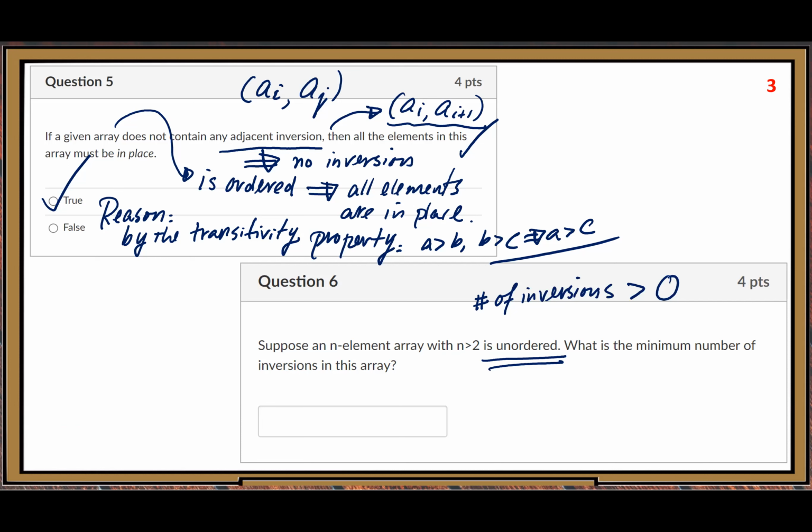So your answer should be greater or equal to 1. The minimum possible should be 1. But the question you need to ask here is: can 1 be achievable?